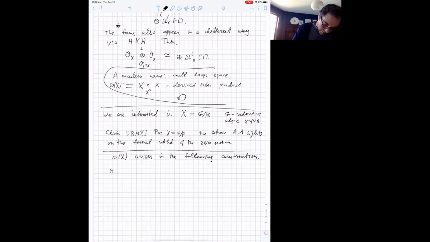First of all, recall that in a good quotient situation, when you have an action of an algebraic group on a variety, and you quotient the variety by the group action, you can trace what happens to the cotangent bundle.